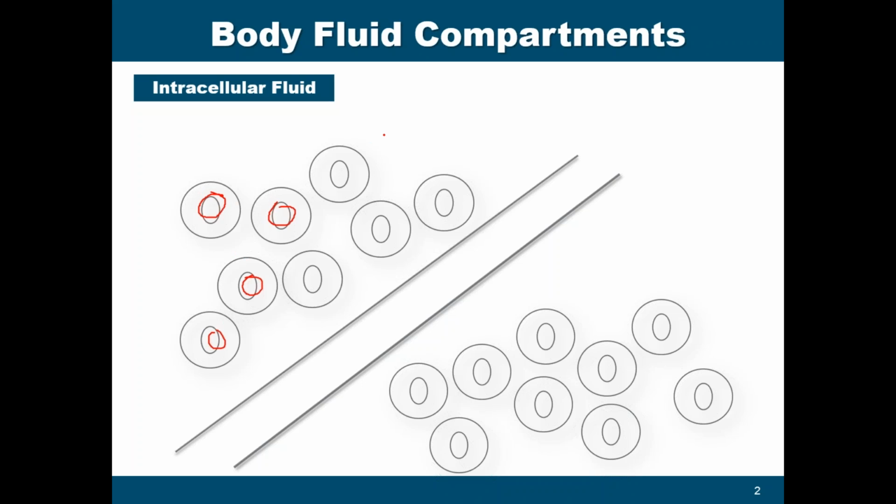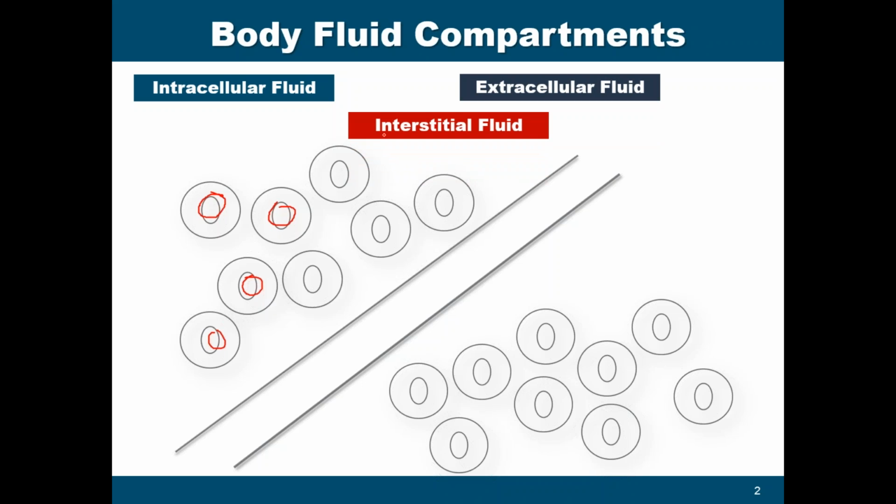The other fluid compartment is the extracellular fluid compartment, and the fluid here is found in two other compartments. You have the interstitial fluid, which is under the extracellular fluid, and this is the fluid found here between your cells and your tissues.